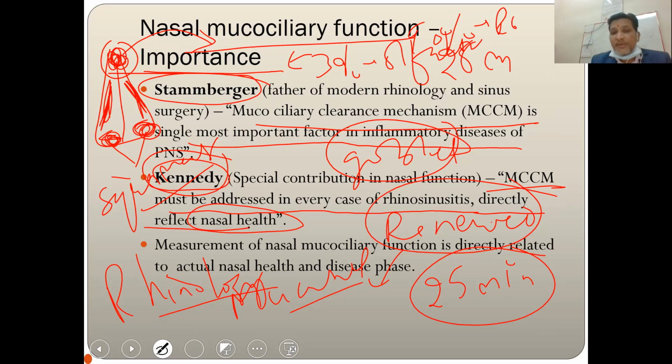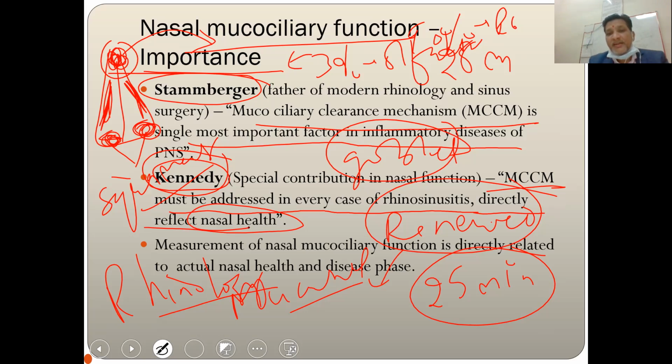When you measure this mucociliary clearance mechanism, you can do a saccharine test. You put the saccharine in the anterior part of the nasal cavity, and the time taken from putting the saccharine there to the time the sweet taste arises is called the saccharine time.